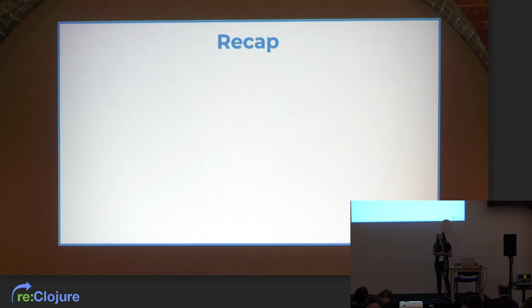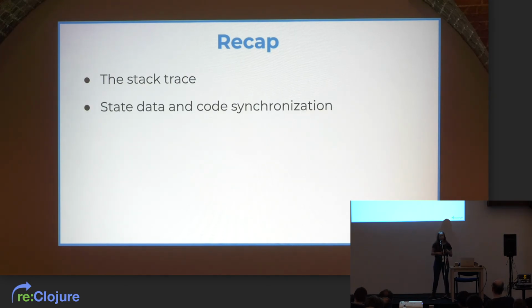So to recap what we talked about today. We talked about the stack trace and how even if it's not printed to the REPL, we can get it from the REPL and understand unexpected flows without starting to debug the code and spend a lot of time. We talked about synchronization and how we can sync our data and code together to get fast reloading using the user namespace, the default user namespace.